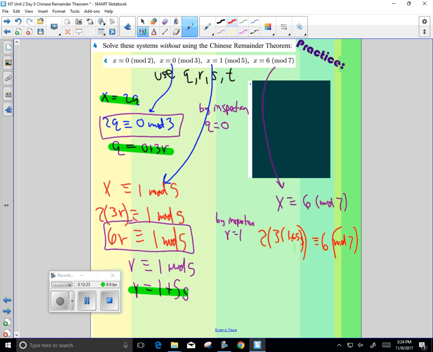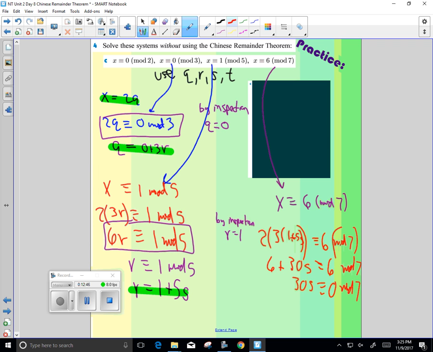Okay, so this is going to be 2 times 3 is 6, plus 2 times 3 times 5 is 30s, congruent to 6 mod 7. And you guessed it, if you subtract the 6, you get 30s is congruent to 0 mod 7.